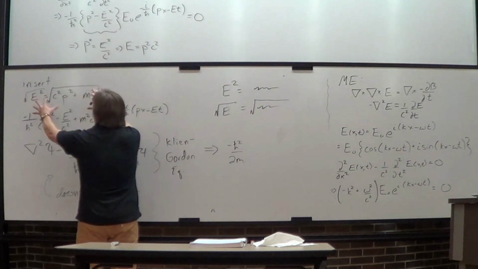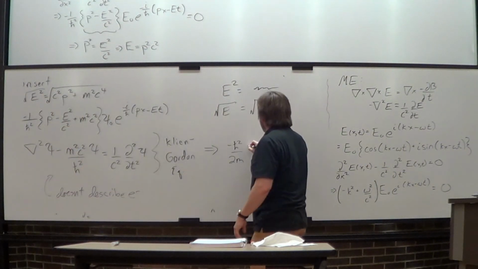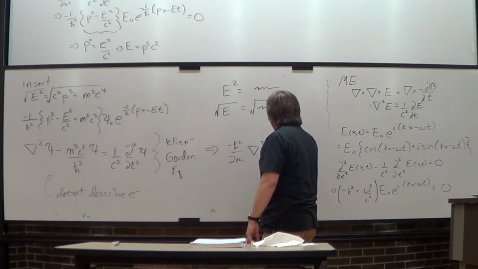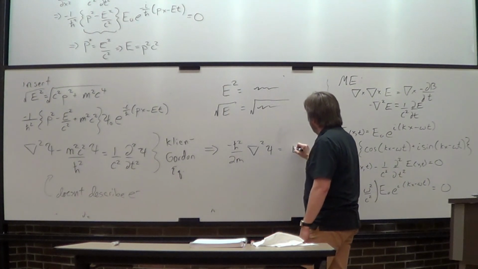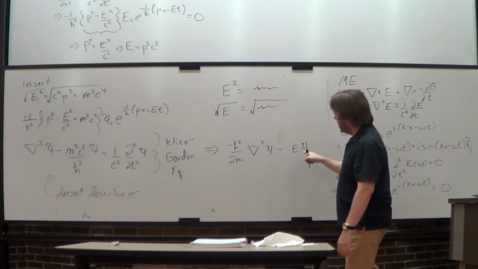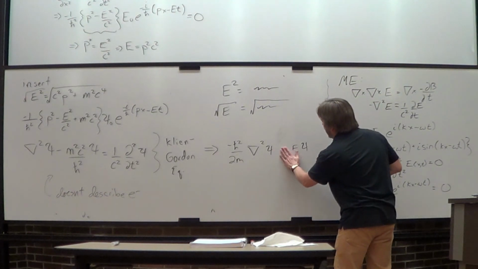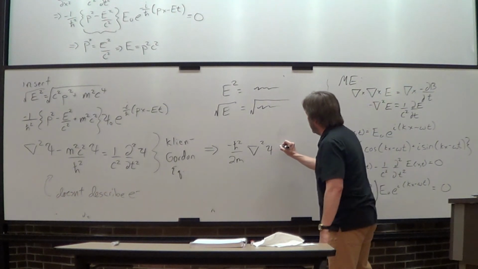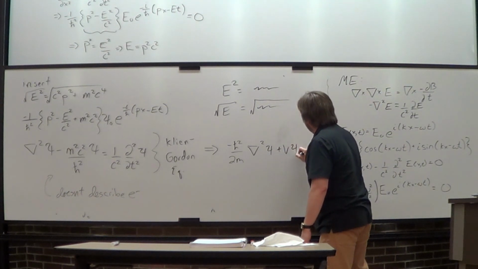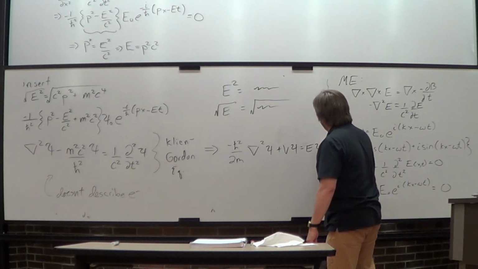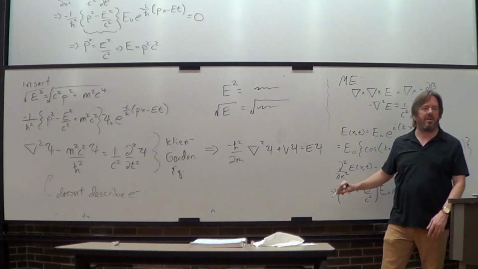When you insert this into here, the derivation is a bit of a pain, but what you end up with is this. Again, that's energy. They also figured out that, well, if that's energy, you had to throw in potential energy too. And that's the Schrodinger equation.